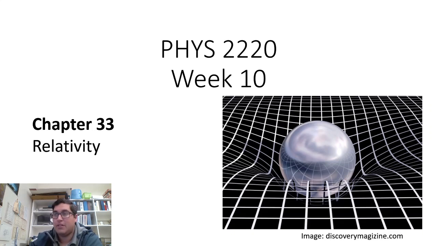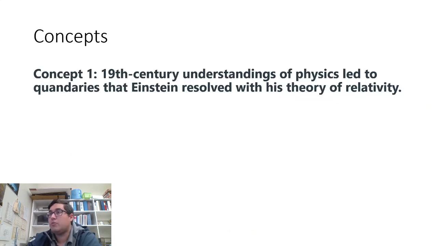Let's get started. So for concept 1, 19th century understandings of physics led to quandaries that Einstein resolved with his theory of relativity. At the time, their only tool belt had Newtonian physics, which was F equals ma, and they said that describes the motion of things under a force field, right?